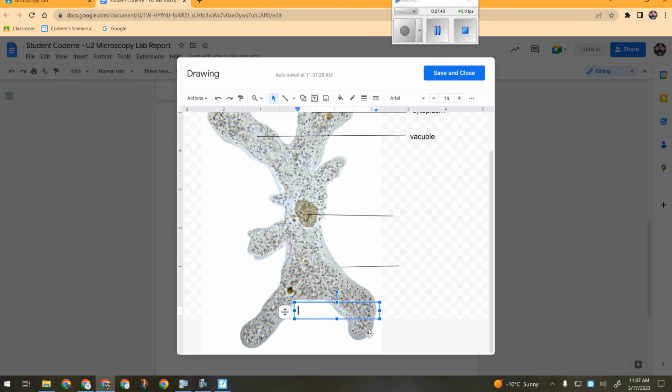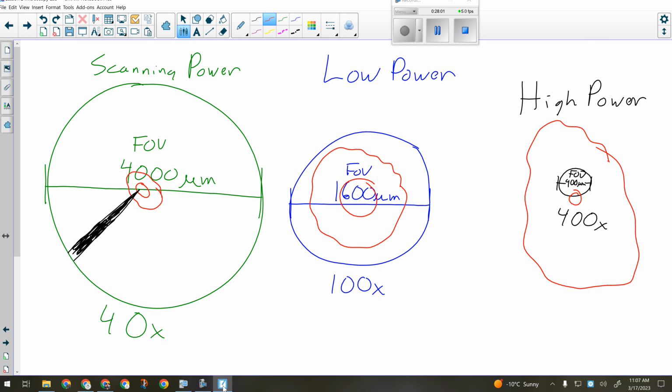So I'll say amoeba, and we're going to look at this on the low power lens, so the magnification will be 100 times. And then I have to estimate how big it is. To estimate how big it is, this is what I do. Let's say I'm looking at this little red thing on my scanning power lens.